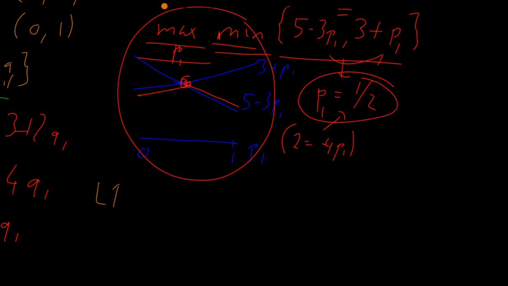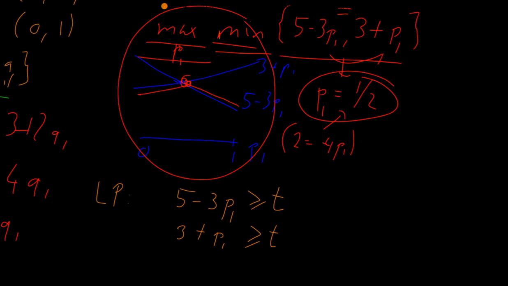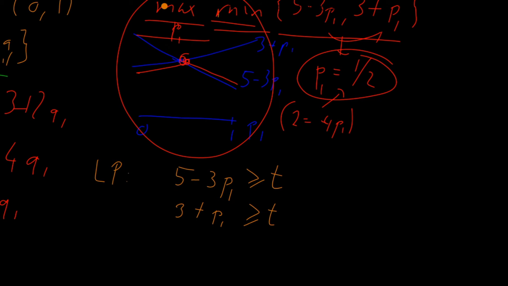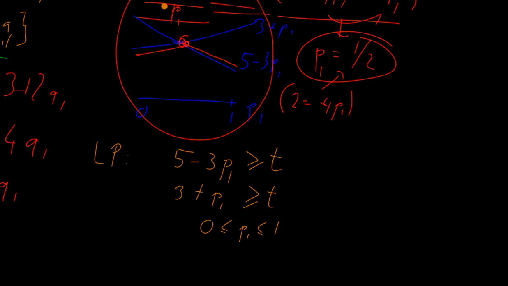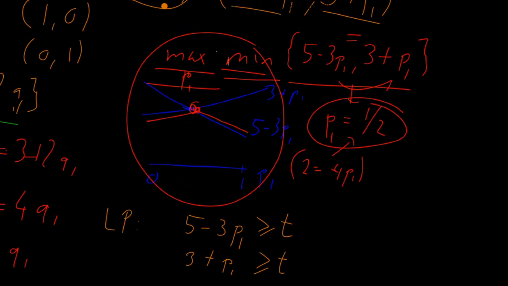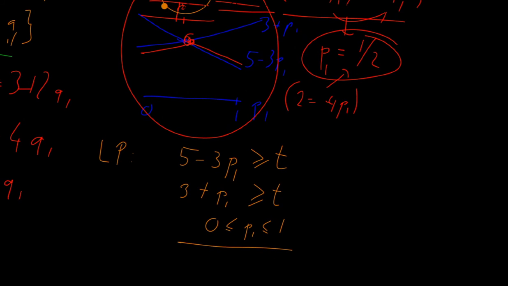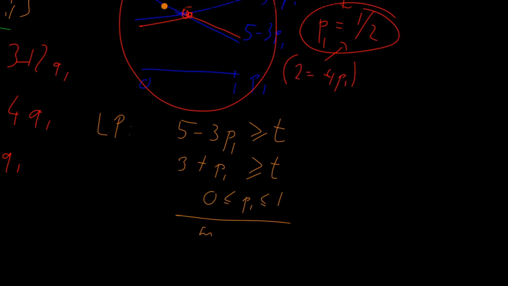So in the general case, if you are solving with the computer, then you are just introducing a new variable t. 5 minus 3p1 and 3 plus p1 are each at least as large as t. And of course you have to write explicitly that p1 is between 0 and 1, because it's a probability, and you have to maximize this t.